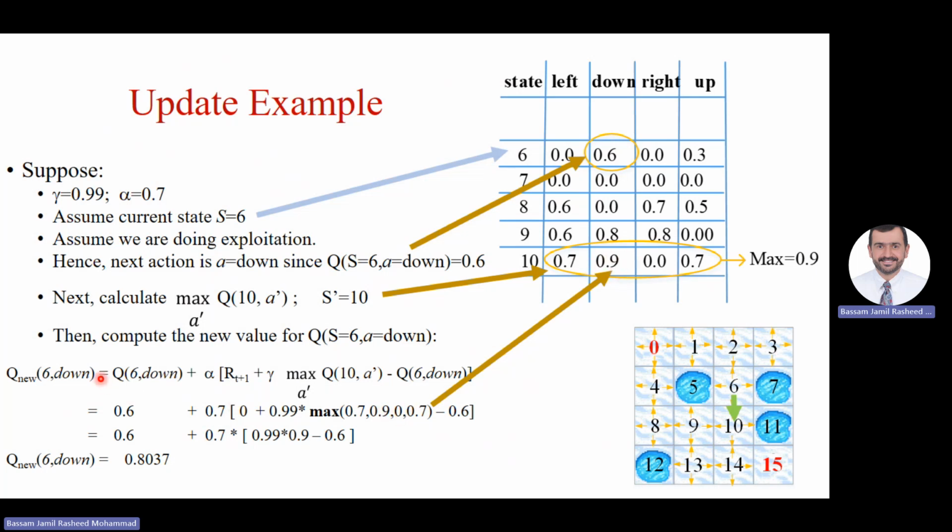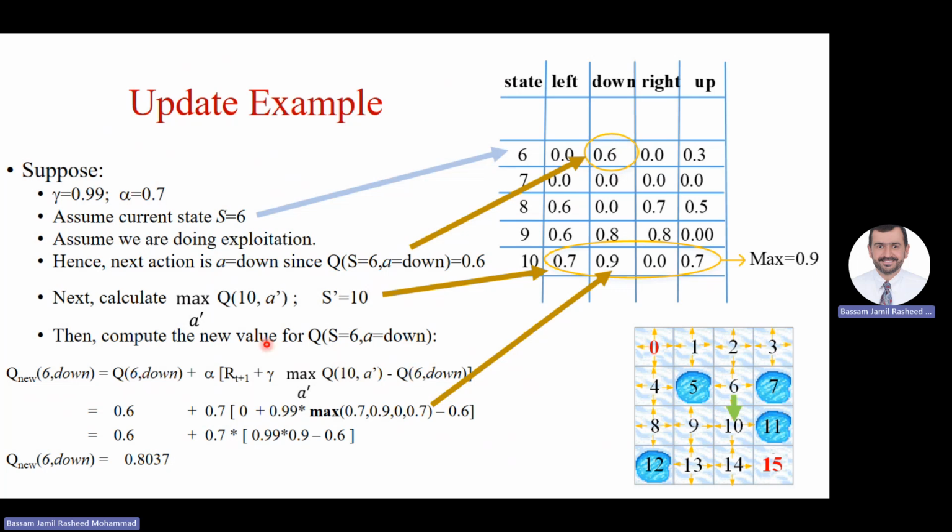So now I'm ready to run the update equation. The new value for state 6 taking action down equals the old value plus the learning rate times the reward plus the discount times the maximum value of all the action values for state 10 minus the old action value for state 6 down.